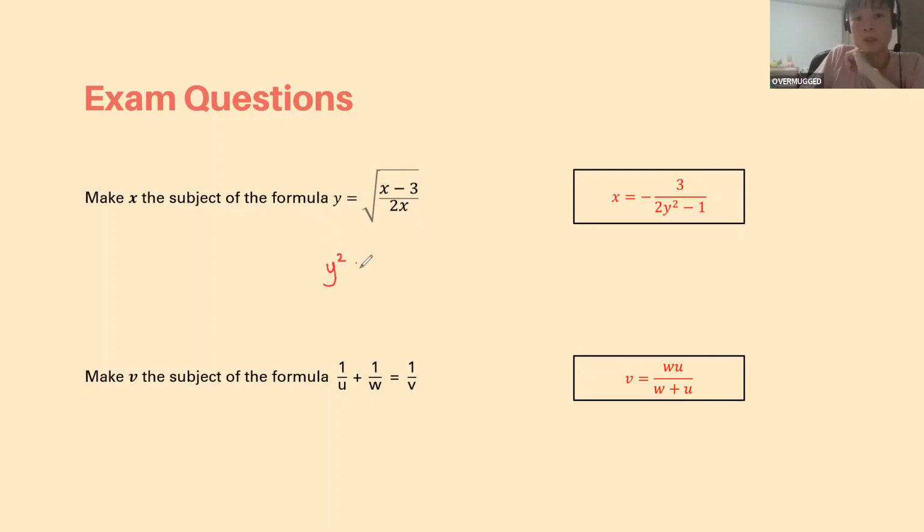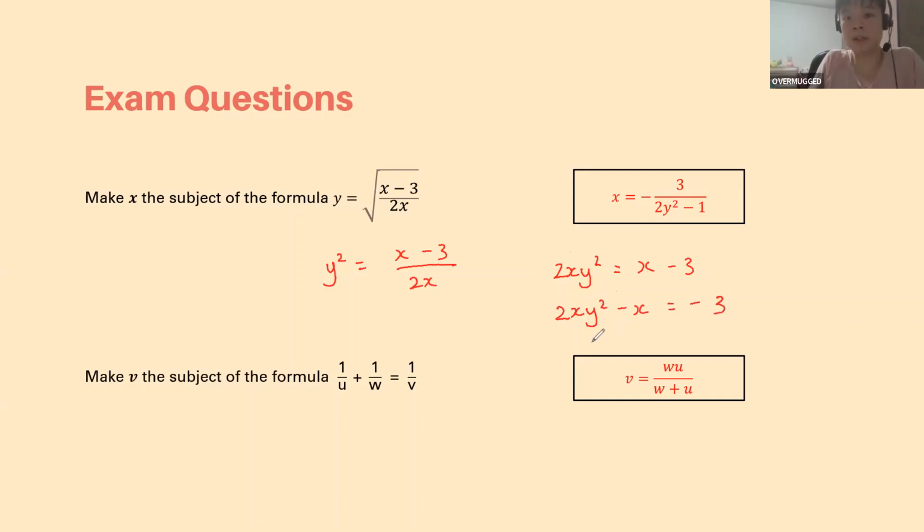Okay, square both sides. Then you times 2x on both sides. You have x here, you have x here. Shift everything with the x to the left side.